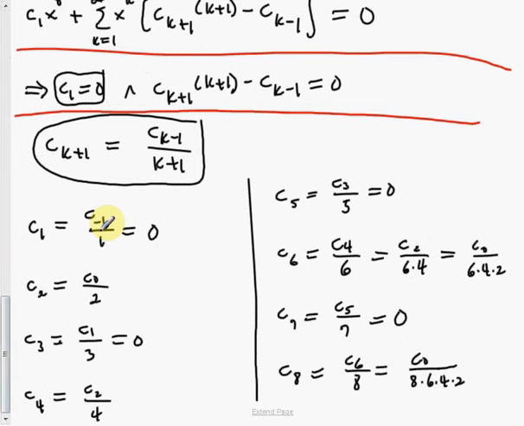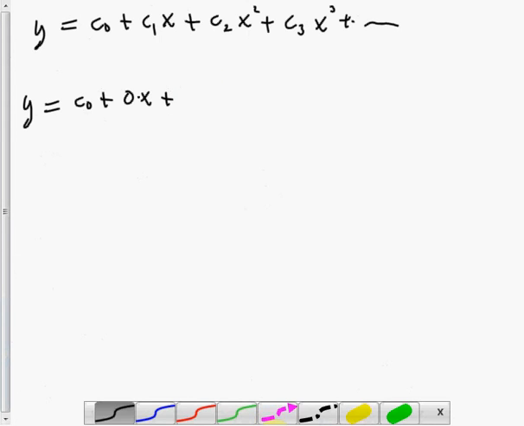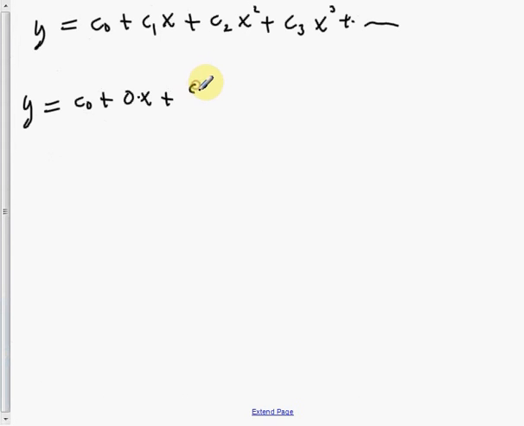Then we'll go all the way to c sub 2, and the c sub 2 is c naught over 2. I'm just going to put that in there for the time being, times x plus x squared times c naught, c naught times x squared all over 2.